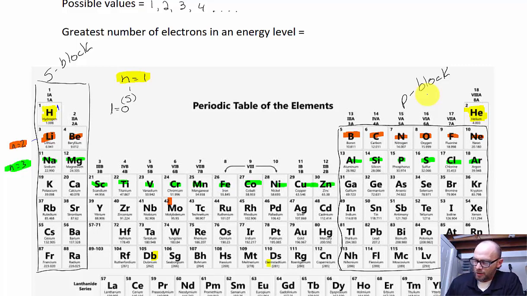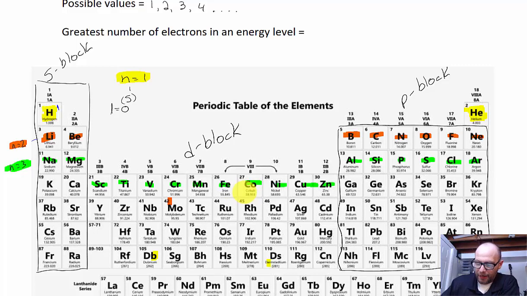This middle section of the periodic table is known as the d block. There are 10 elements across in the d block. That corresponds to the fact that there are 10 electrons that fit into d orbitals of any energy level.